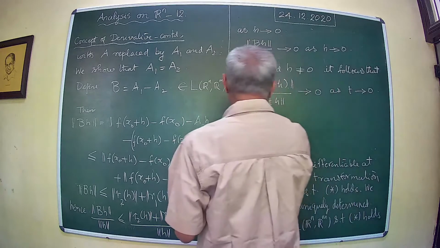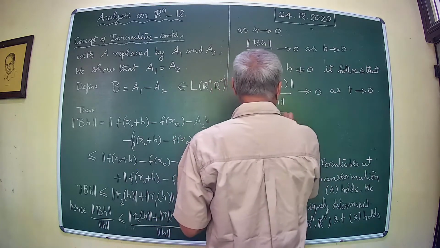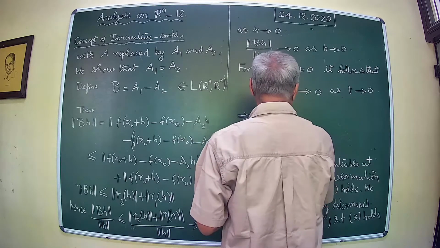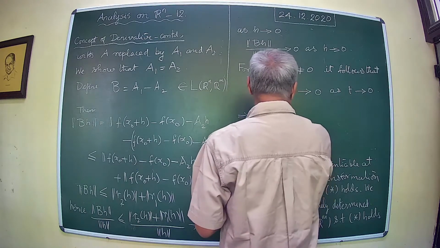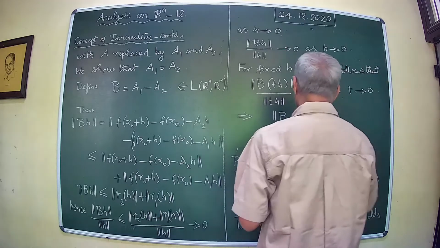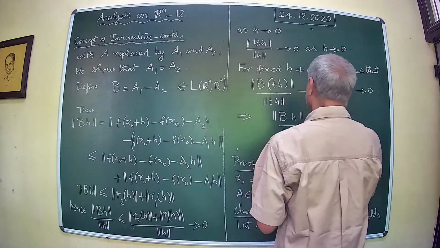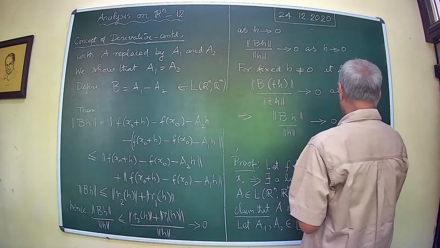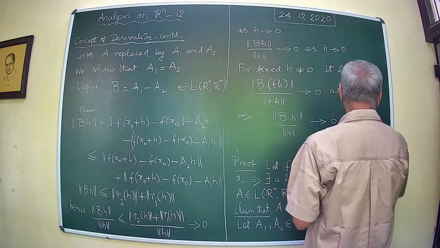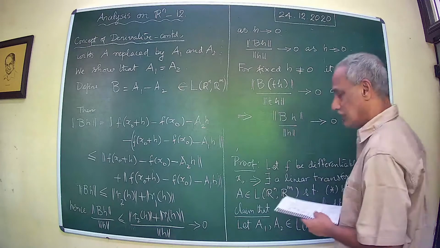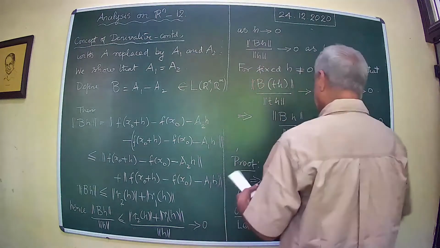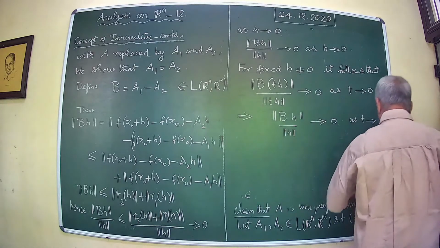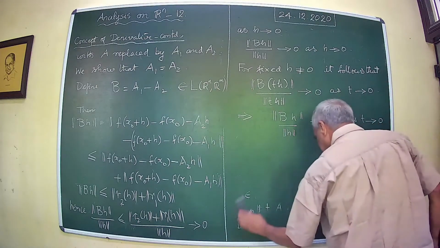Which implies B h divided by norm of h goes to 0 as t tends to 0. And this is possible because h does not depend on t. We have taken h not equal to 0.